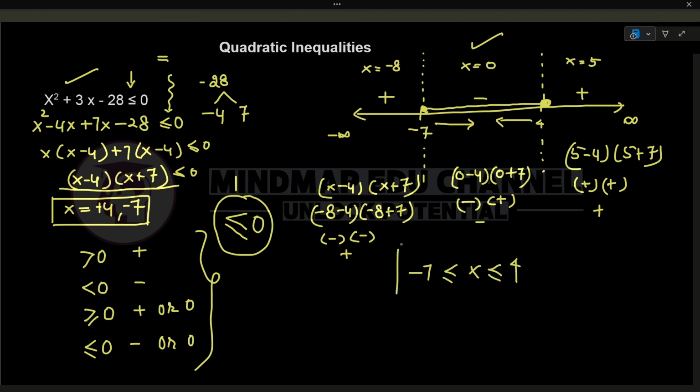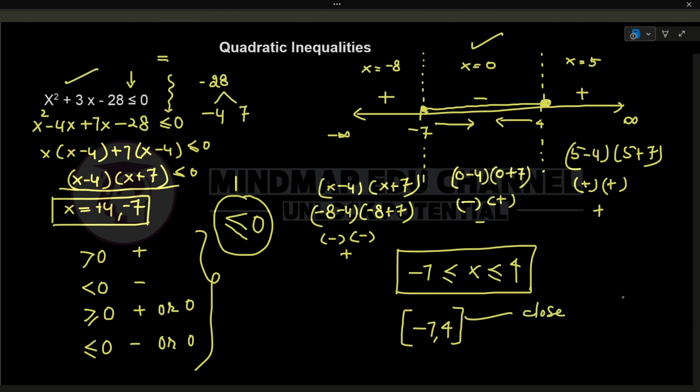So this is our solution in inequality notation. Now, let's write this in interval notation. So, in interval notation, it will be from minus 7 to 4 and we will use these brackets. And these square brackets are used for a closed circle, and these round brackets are used for an open circle.